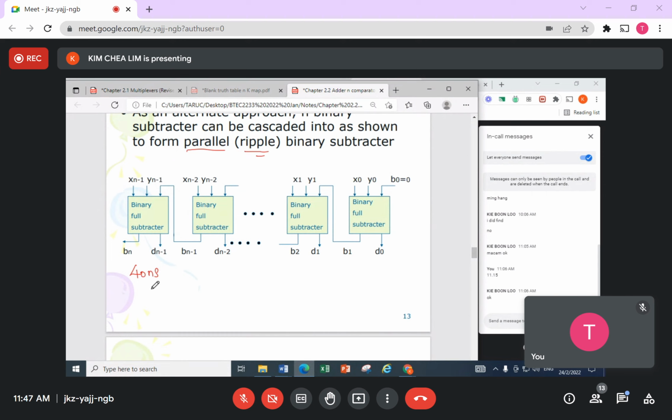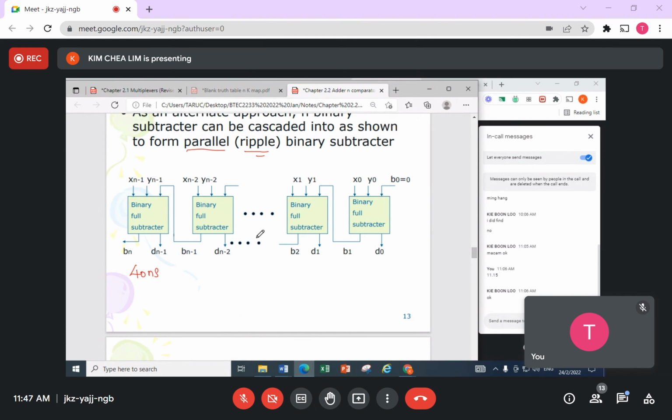Because in the middle, signal may be changing. Then you are going to see ripple. Therefore, these circuits we call parallel with the ripple. It's a parallel binary subtractor, but you are going to see ripple. Sometimes the labeling here, they may skip the word ripple. Consider as understood. It's a parallel binary subtractor.